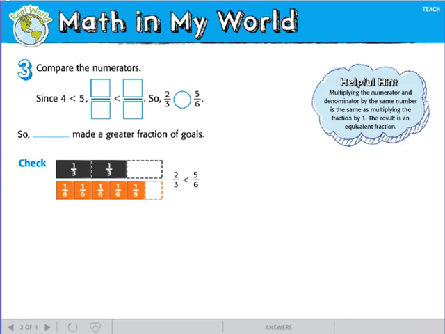So you're going to compare the numerators. 4 is less than 5. Okay? So that means that 4/6 is less than 5/6. Which also means that since 4/6 is equal to 2/3, 2/3 is less than 5/6.